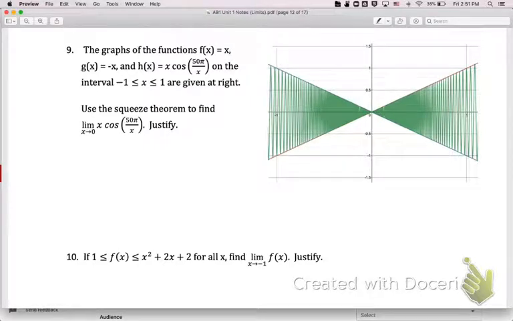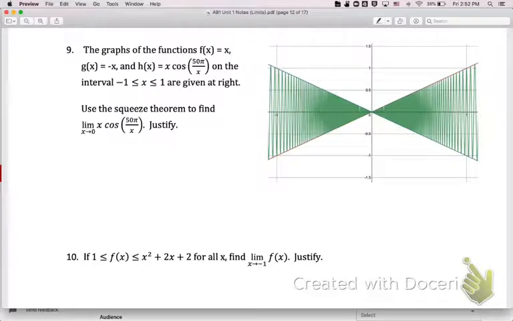The functions f of x equals x, g of x equals -x, and h of x equals x times the cosine of 50 pi over x on the interval from -1 to +1 are at the right. The two functions that we're going to eventually squeeze this between, and I'll show you how we choose those, are going to be x and -x.